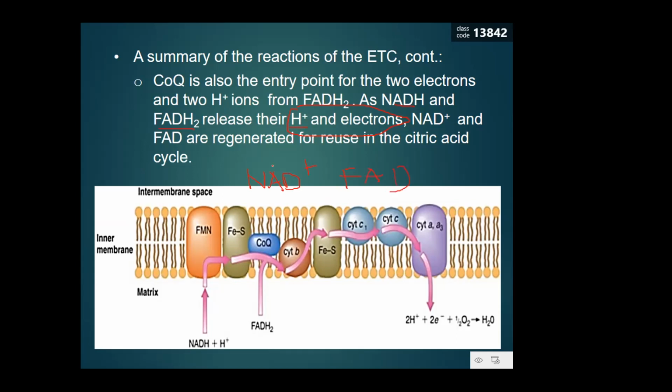And these two, NAD+ and FAD, will be recycled, will be regenerated for use in citric acid cycle. Di ba meron tayong ginamit sa citric acid cycle na NAD+, saka FAD. Dito nang galing yon. No, byproduct siya ng electron transport chain.